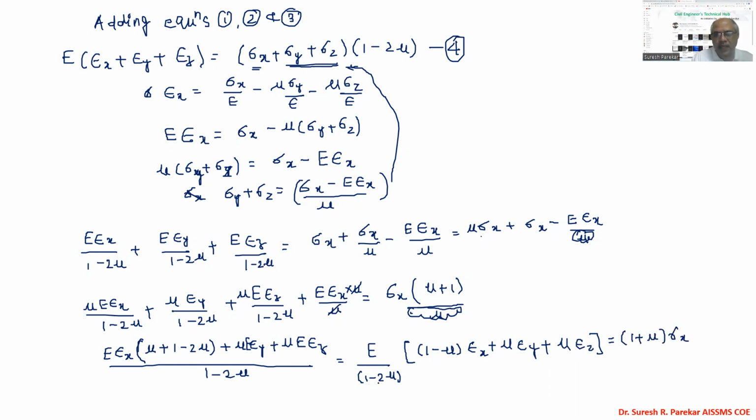If I take sigma x on this side, 1 plus mu on this side, then I will get the equation as sigma x equal to E divided by 1 minus 2 mu in bracket 1 plus mu in bracket 1 minus mu epsilon x plus mu epsilon y plus mu epsilon z.